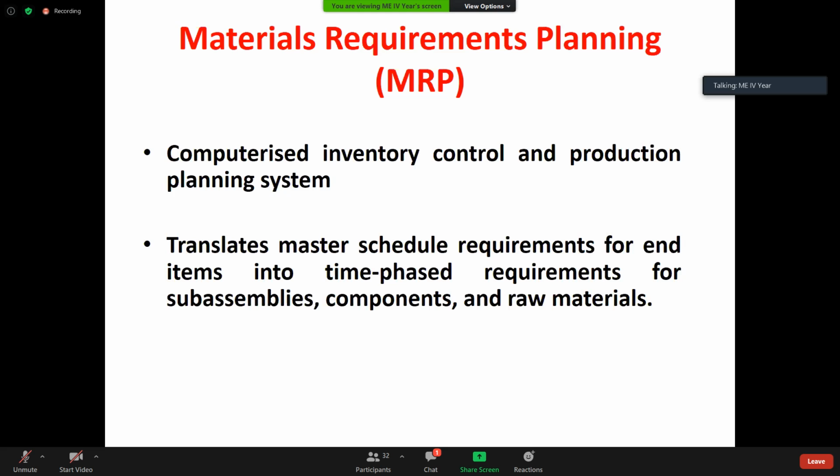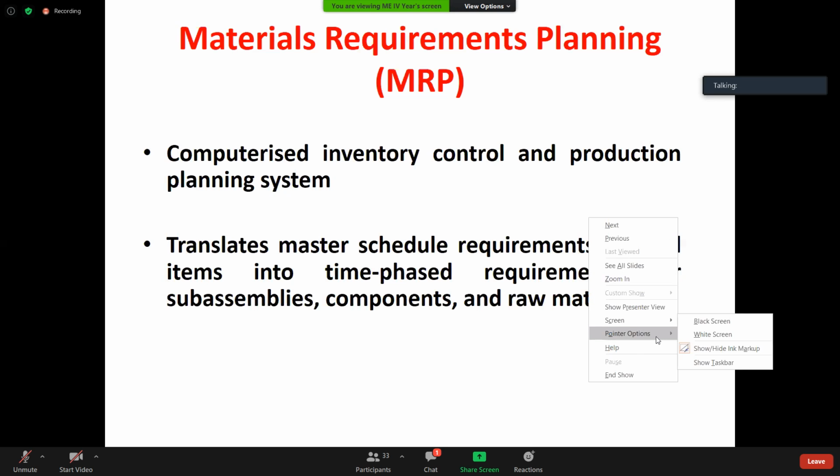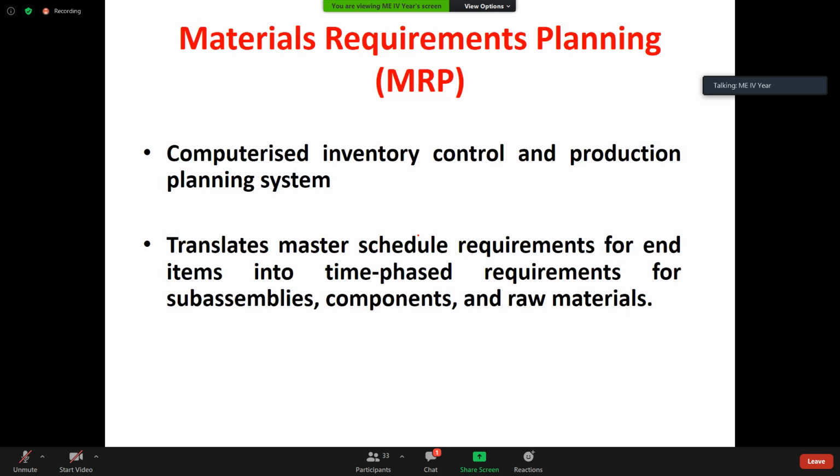So here, MRP is the computerized inventory control and production planning system. It translates master schedule requirements for end items. Master schedule requirements means your requirements, what quantity, how much quantity is needed.